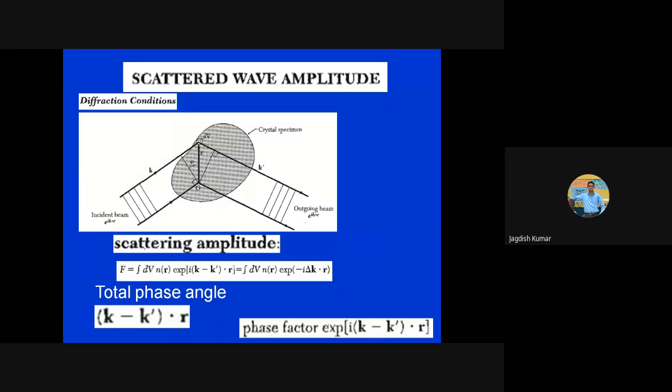Could you visualize this? Maybe I should have put more arrows here in the slide, but I didn't realize that. So is it clear? Could you visualize what will be the angle between the r vector and k vector?